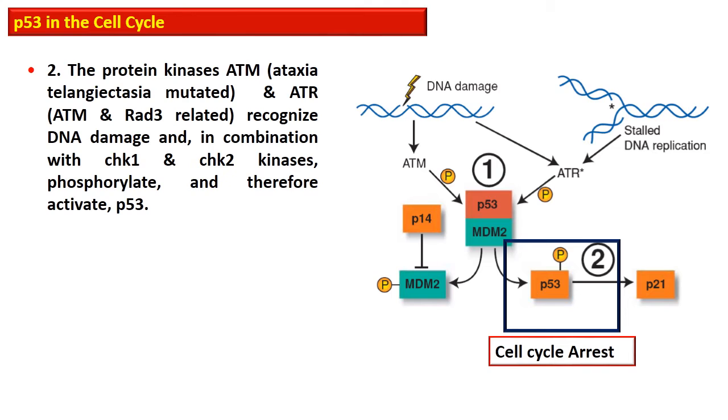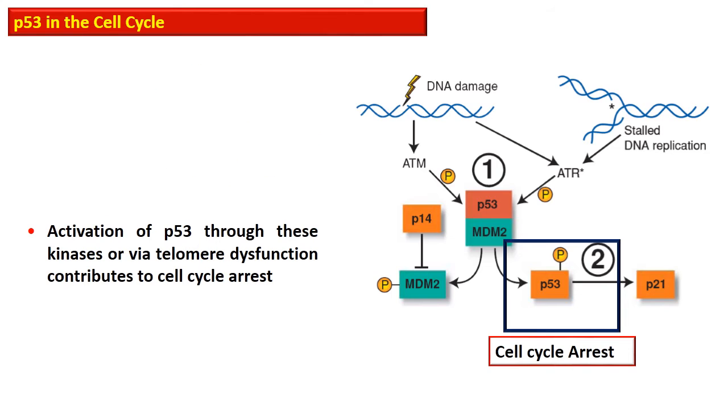When this is phosphorylated, this P53 is released from its complex and activated, and activation of this P53 through these mechanisms or via telomere dysfunction contributes to cell cycle arrest.